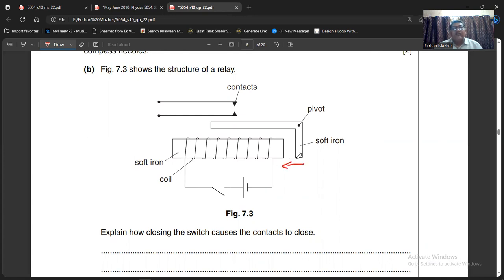And when this soft iron piece is attracted to this electromagnet, and it is pivoted here, its horizontal portion will move in the upward direction automatically. This will lift this contact and it will touch this contact. And the current in this second circuit will start flowing. This is how a relay works.